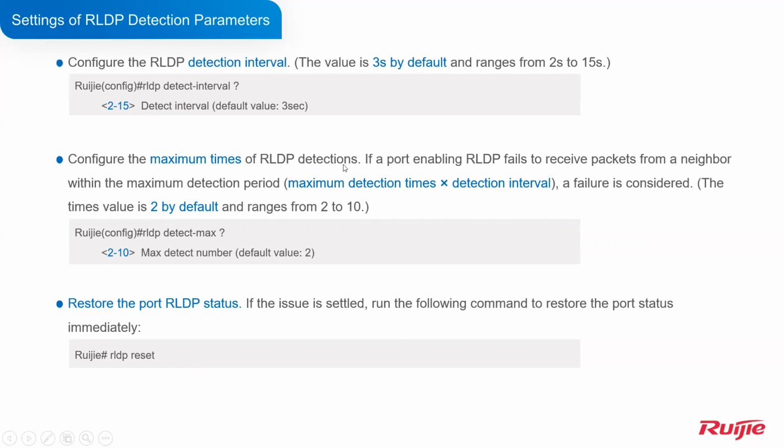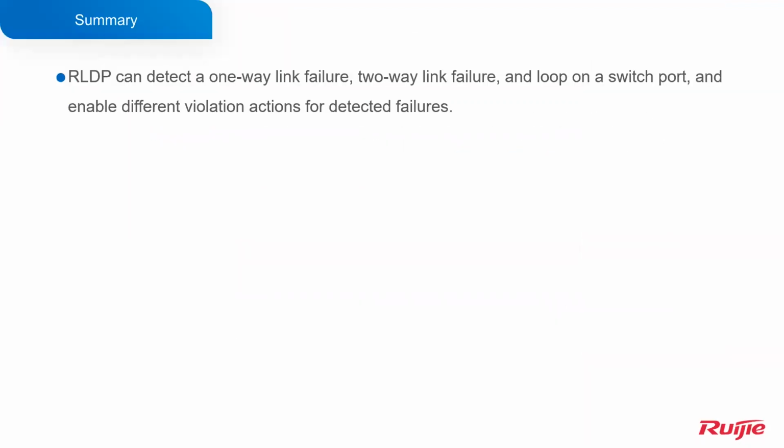If a port enabling RLDP fails to receive packets from a neighbor within the maximum detection period, a failure is considered. The command is rldp detect-max, and the value ranges from 2 to 10. And to restore the port RLDP status, you can use the command rldp reset, right, to strictly restore the port status. Okay, this is about the configuration of RLDP.